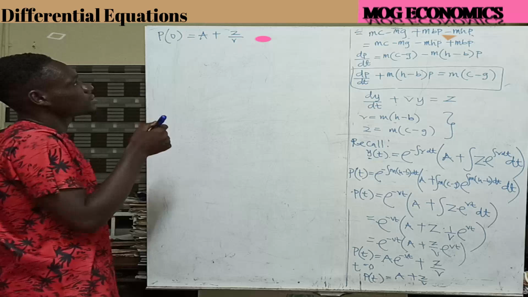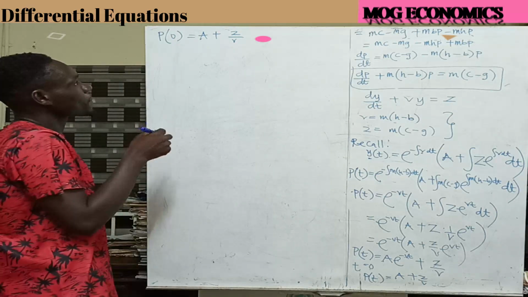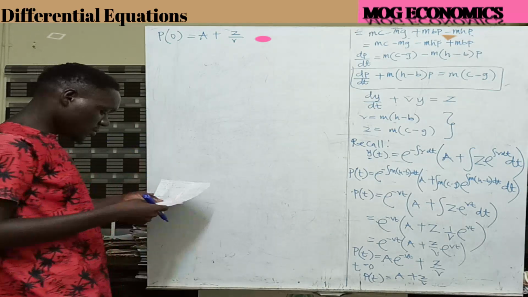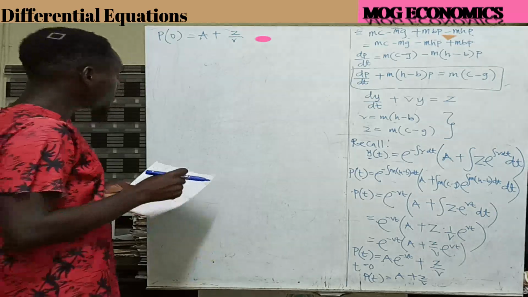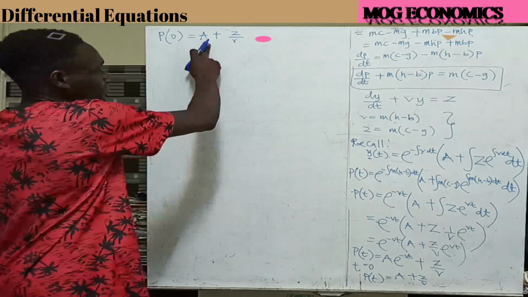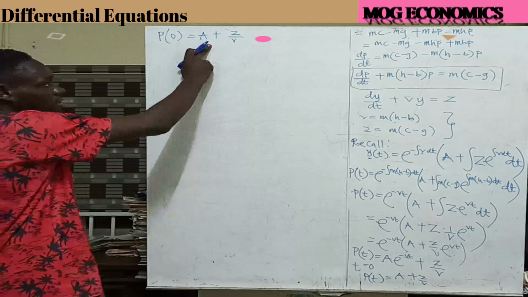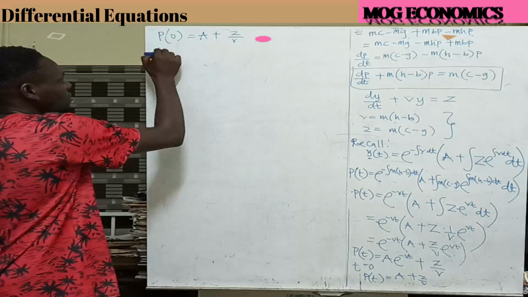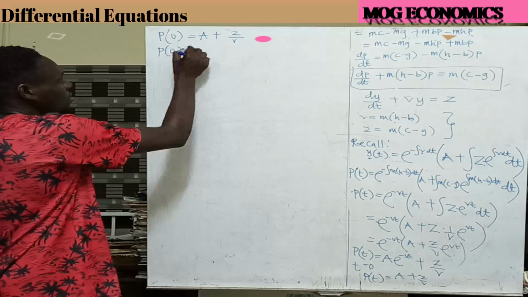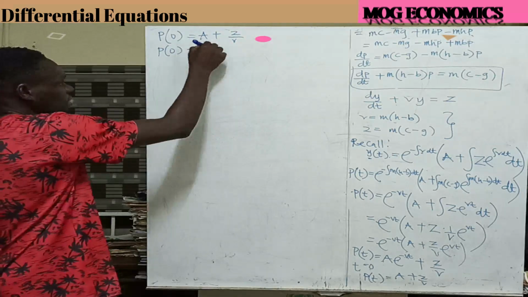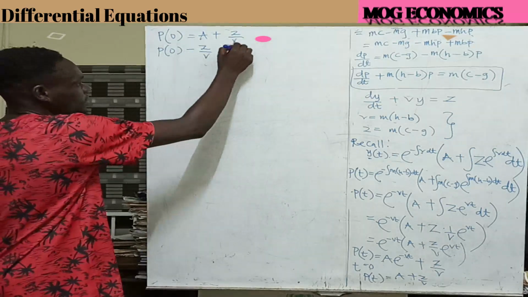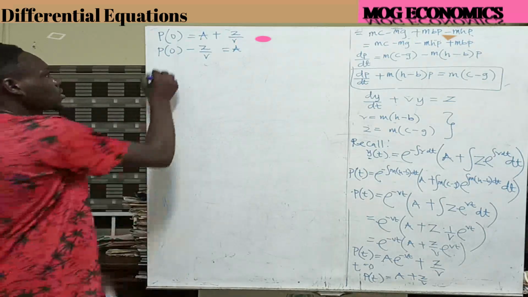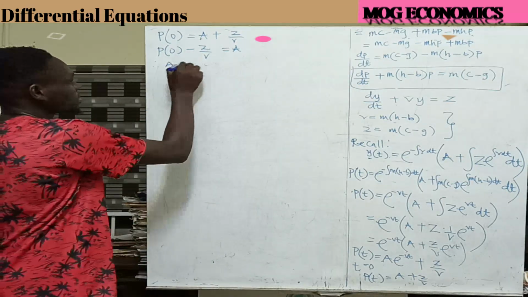Now, we are making this the subject. So from here we are going to make our arbitrary constant the subject. Making the arbitrary constant the subject, we have p minus this comes to the other side, and then we have this.